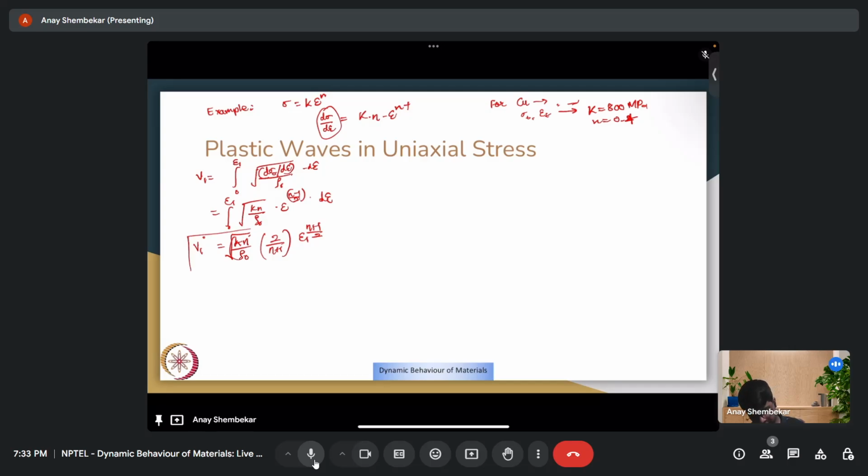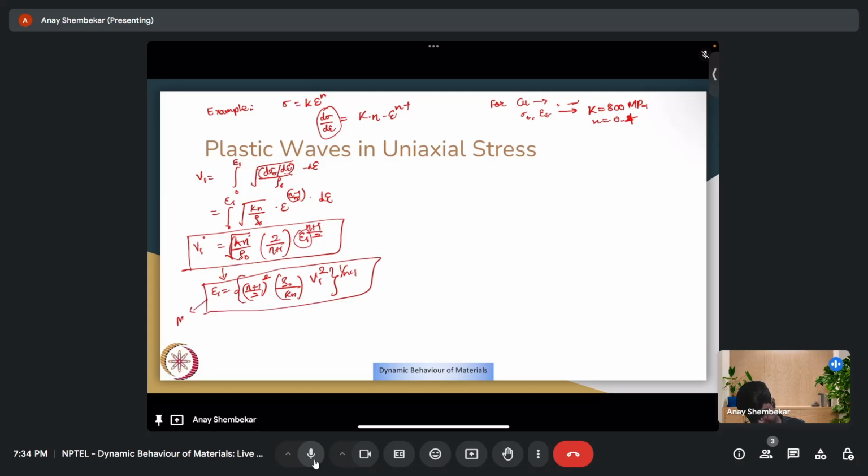So this could be your relation between impact velocity and maximum strain, from which you can write maximum strain is ((n plus 1) by 2) whole squared, rho naught by kn, v1 squared, whole raised to 1 by (n plus 1).